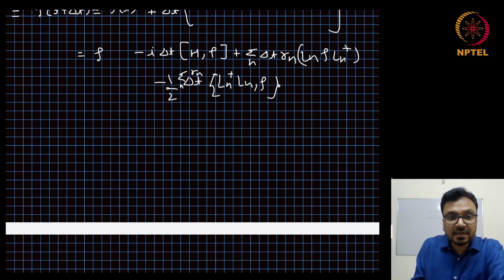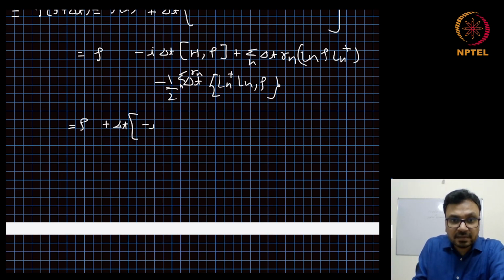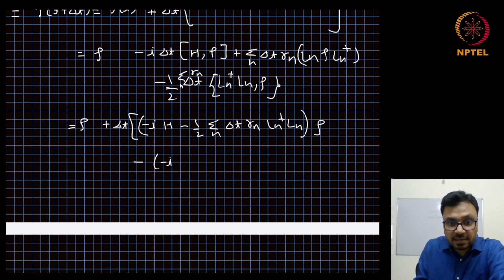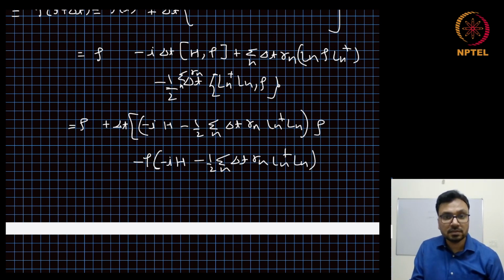This can be written as rho plus delta t times (minus i H plus half sum over n delta t gamma_n L_n dagger L_n) rho minus rho times (minus i H minus half sum over n delta t gamma_n L_n dagger L_n). Is that correct?